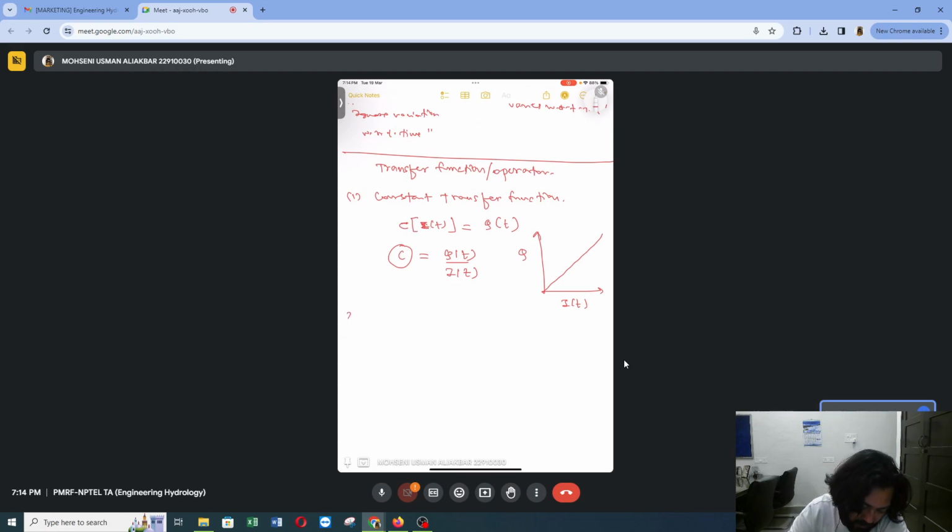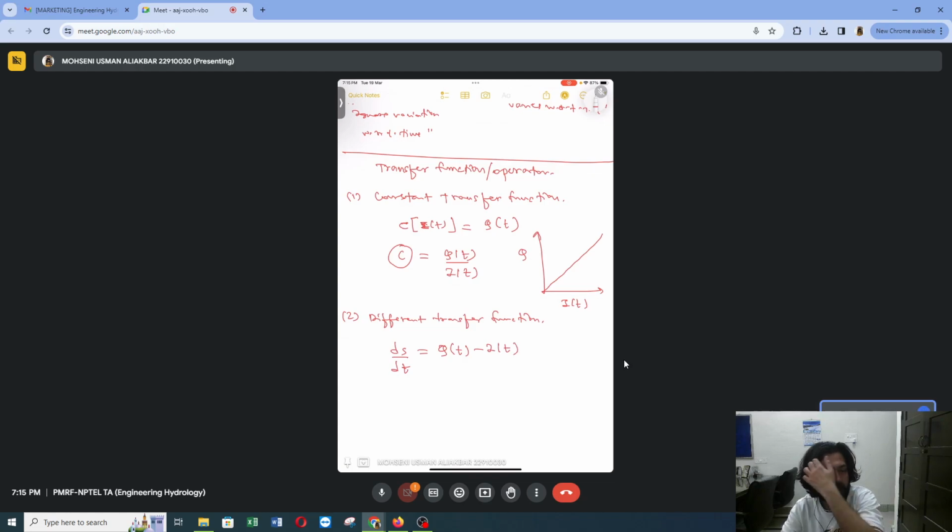There could be some relation we call the differential transfer function. By differential transfer function, what do we mean? We know that the continuity equation is ds by dt equals Q(t) minus I(t), right?